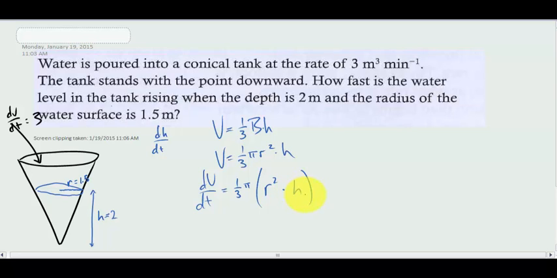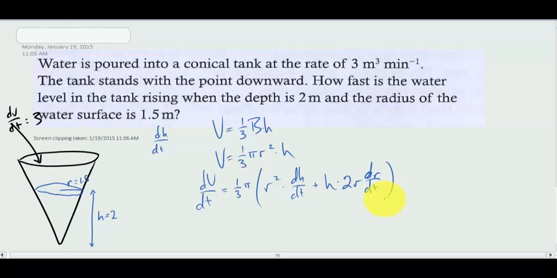And both h, the height of the water, and r, for the top of this water, are changing as time goes on. So we have to use implicit differentiation here, and we have to use the product rule. So 1/3 pi times first times derivative of the second, plus second times derivative of the first, and the derivative of the first is going to be 2r dr/dt.